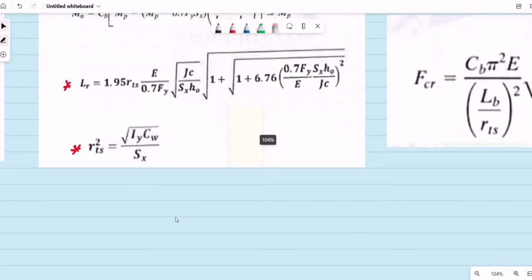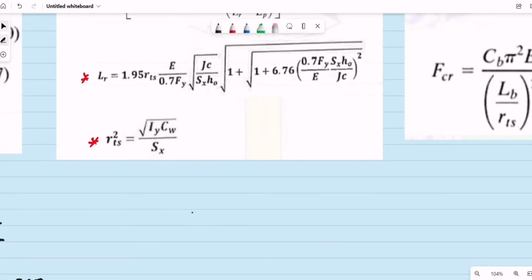So we'll be needing also the value of C. But for a symmetrical I-shaped section, the value of C is simply equal to 1.0. And then the value of our H sub O is basically equal to the total depth of the section minus the thickness of the flange.